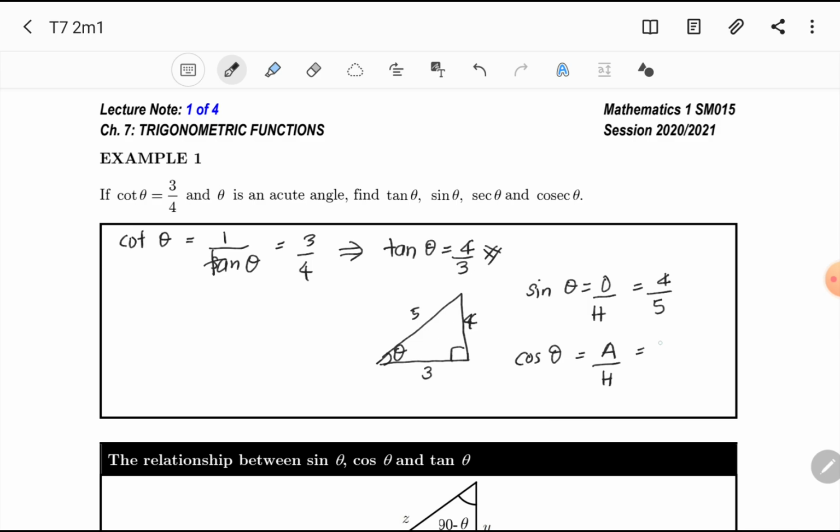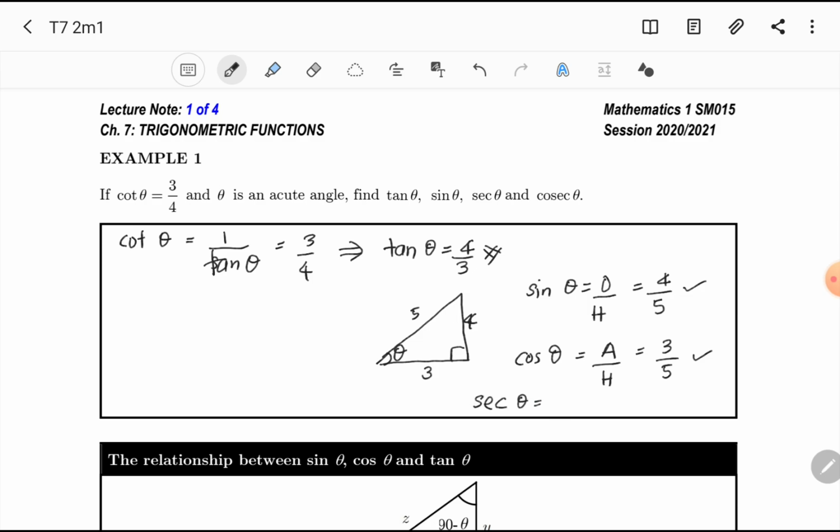So equals to, adjacent side is 3 divided by hypotenuse is 5. 3 over 5. Okay, and from the two answers here, so we can derive, first kita akan cari secant theta.